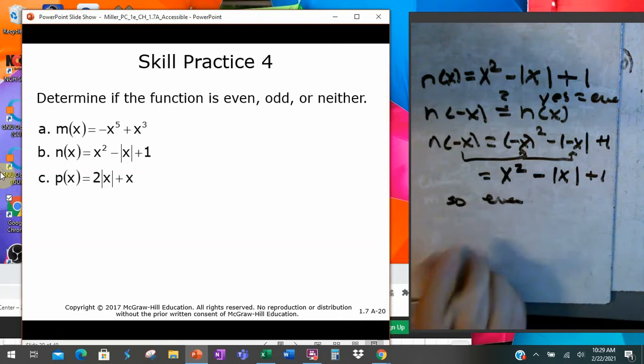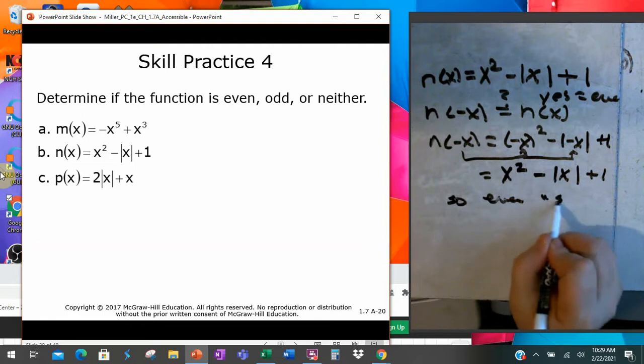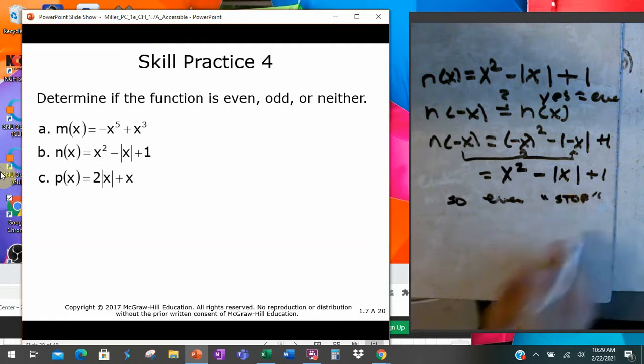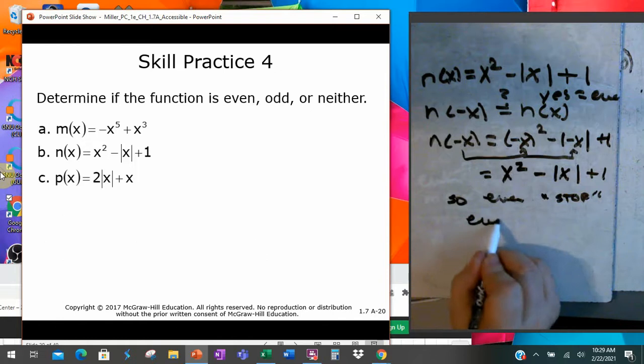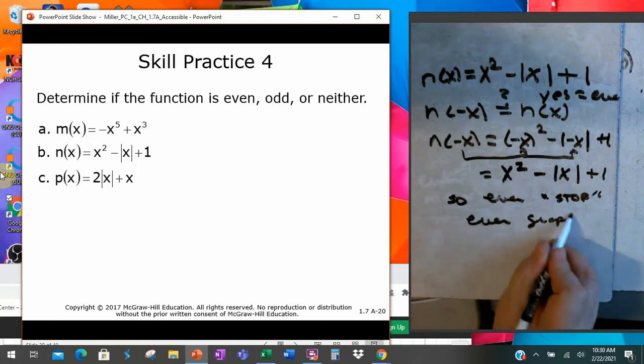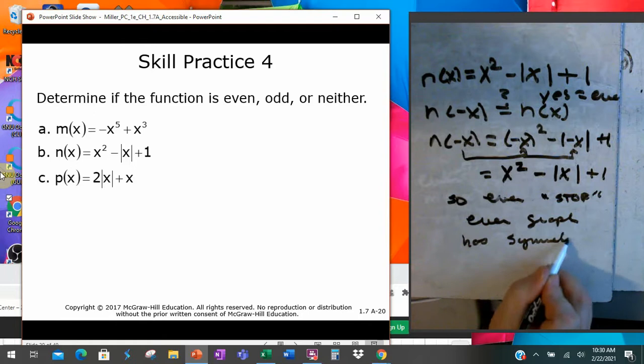It's not going to be even and odd at the same time. If it's even, it's not going to be odd, and it's not going to be neither. So stop. Okay. This is even. So the graph has symmetry with respect to the y-axis.